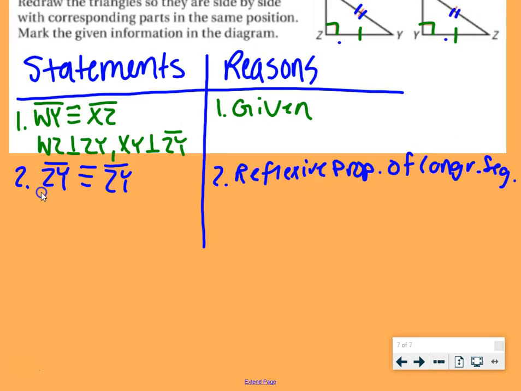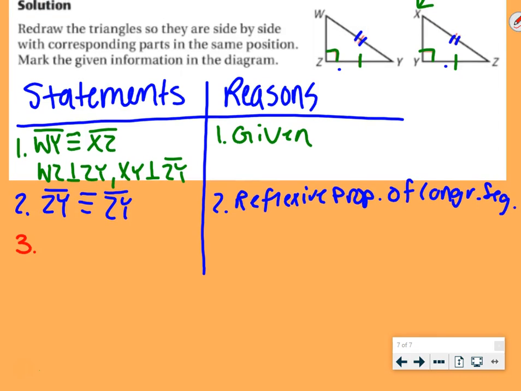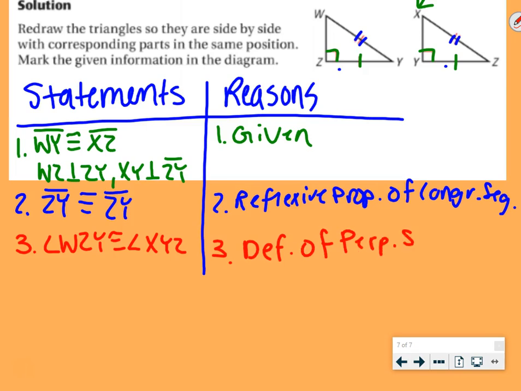And then the next piece would be that we need to show that they are right angles. So we need to say that angle WZY is congruent to angle XYZ. And the reason for that is a consequence of perpendicular lines. So we can just use the definition of perpendicular segments.